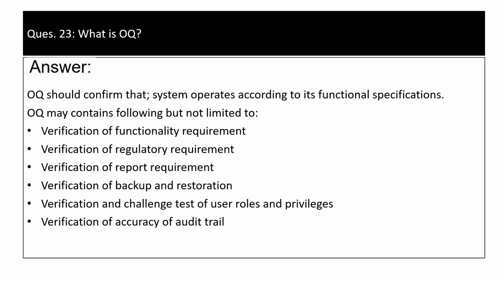The answer will be, OQ, that is operational qualification, should confirm that the system operates according to its functional specification. OQ may contain the following but not limited to: verification of functionality requirement, verification of regulatory requirement, verification of report requirement, verification of backup and restoration, verification of challenge test of user roles and privileges, verification of accuracy of audit trail.